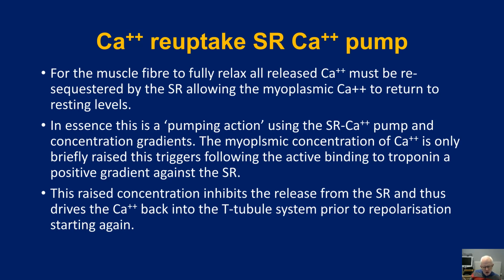And when it reaches that peak concentration, it then automatically activates its own pumping mechanism and drives the calcium back into the T-tubule systems, back into the sarcoplasmic reticulum, prior to the next action potential arriving. And so what you have is excitation, action potential coming in, excitation, contraction, that is the interaction between the calcium, the troponin, the revealing of the tropomyosin, excitation, contraction, recoupling, where the calcium is being pumped back out into the sarcoplasmic reticulum in preparation for the next action potential arriving.